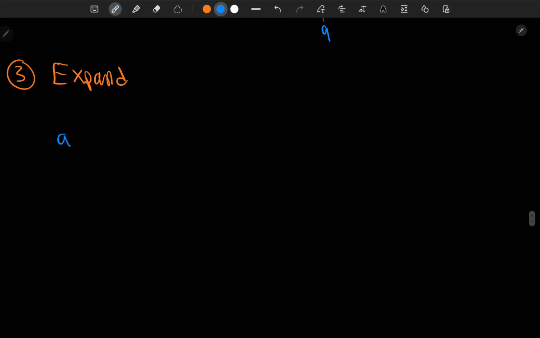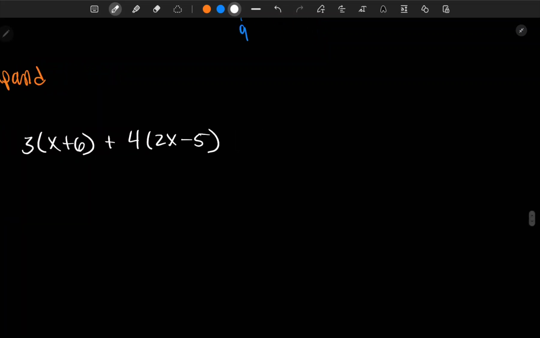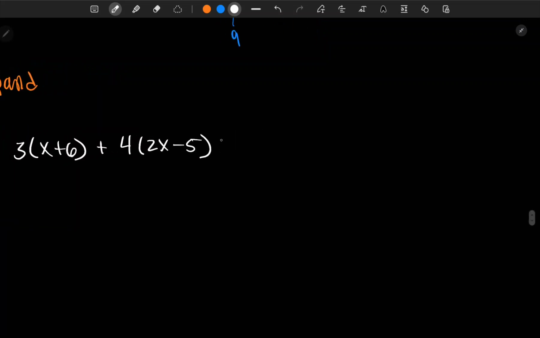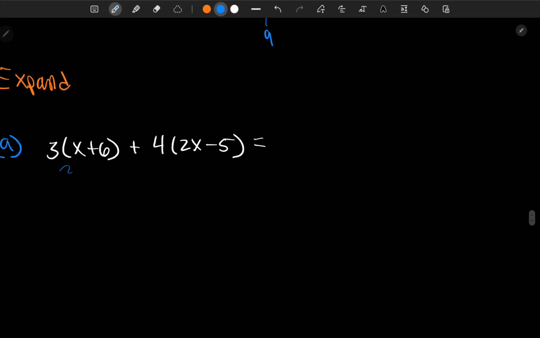So for example, given the following expression, 3 times x plus 6 plus 4 times 2x minus 5, you should be able to say that this is equal to, well, firstly, you expand out 3 into both x and 6.